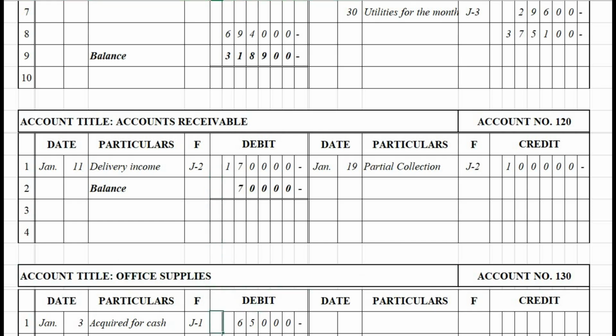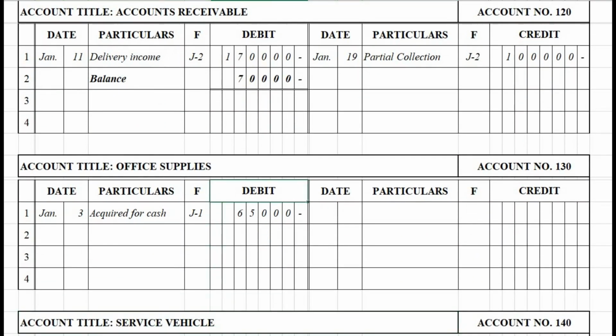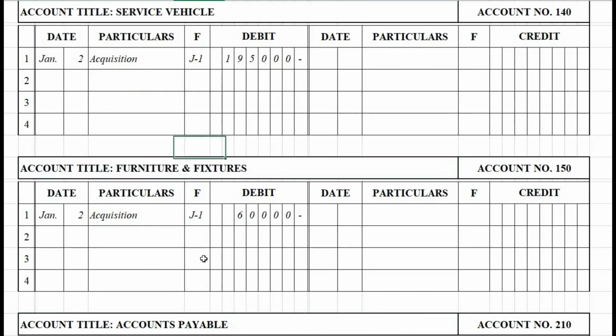Okay? So next is the office supply. There is only one entry, so this is already the balance. We just double rule it. So that is its balance. Then for service vehicle, it is the same, only one entry, so we just double rule it.